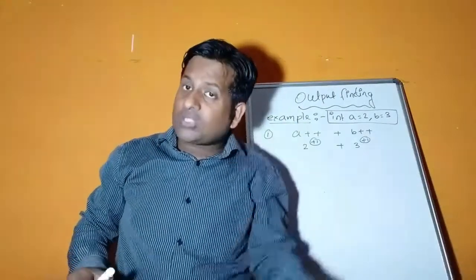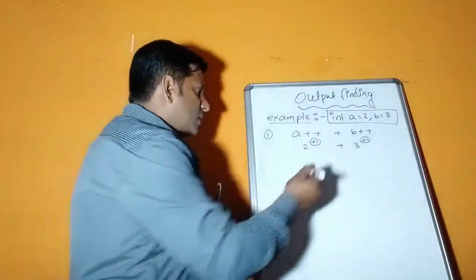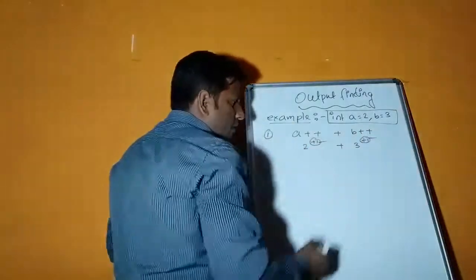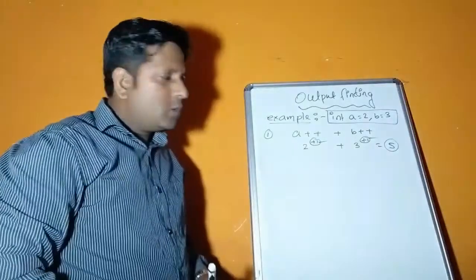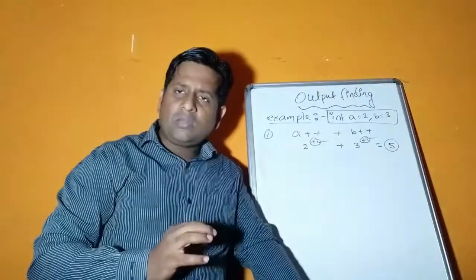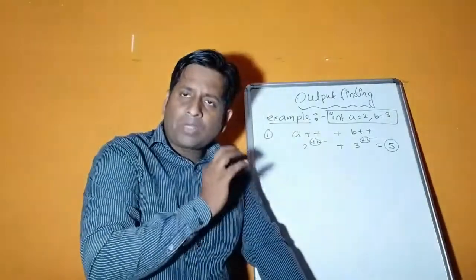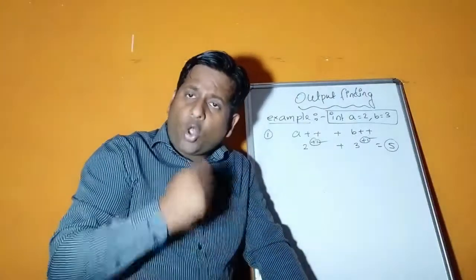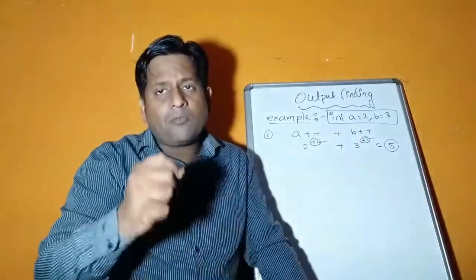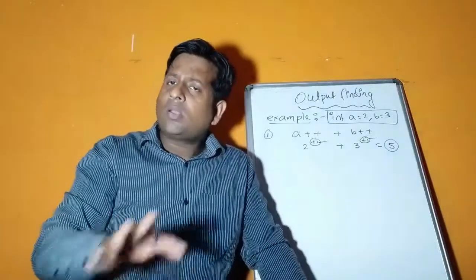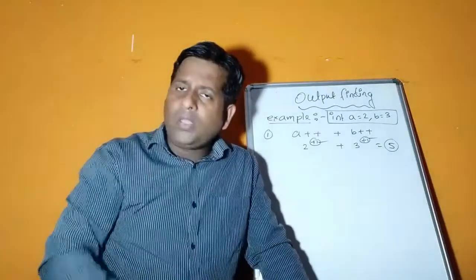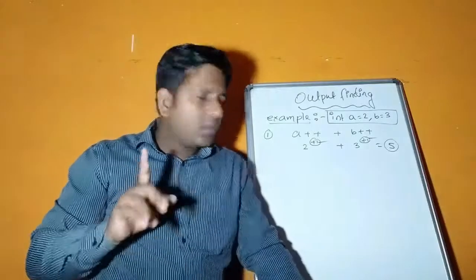So here this carry is also waste, this is also waste. So final answer is how much? 5. So whenever carry is there, that carry will be utilized only if we get the same variable. If there is no same variable, the carry is not going to be utilized. It won't be used. Clear?